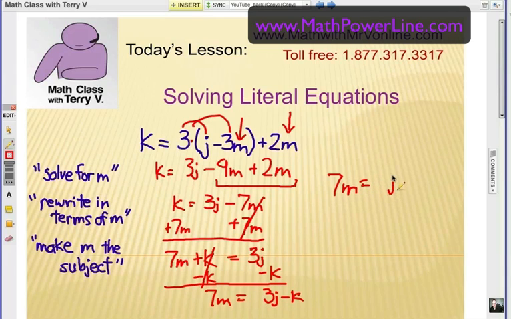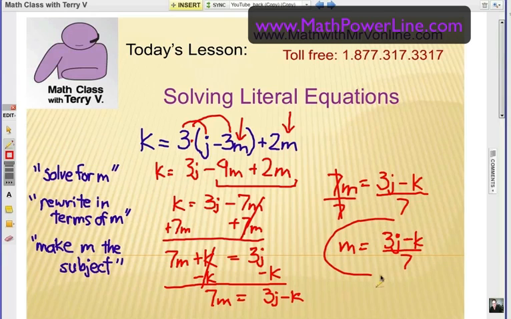So how do you do that? Well, what is the 7 doing there? It's being multiplied, right? So we're going to divide each side by 7. And remember, of course, that means the 7 goes into both parts over here. So finally, for this example, I get m equals (3j minus k) divided by 7.